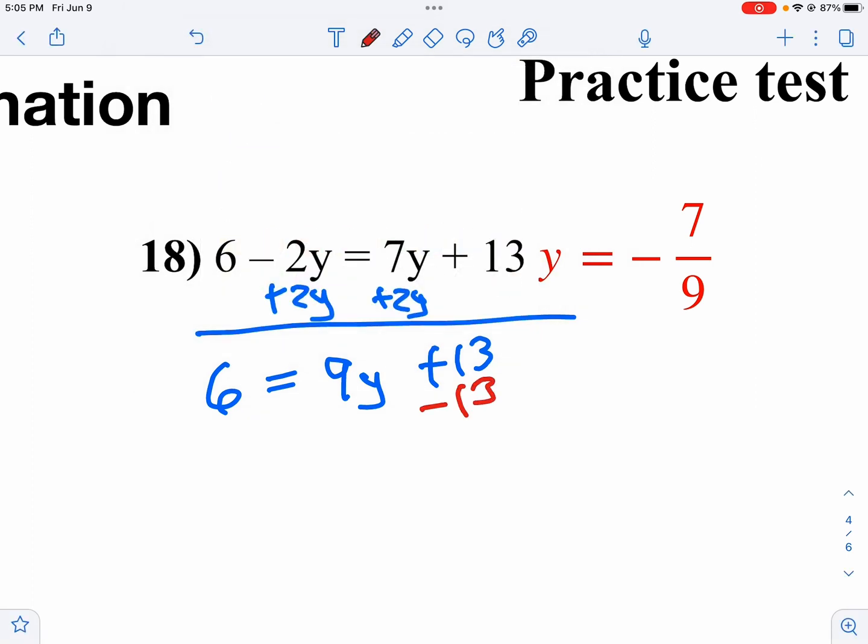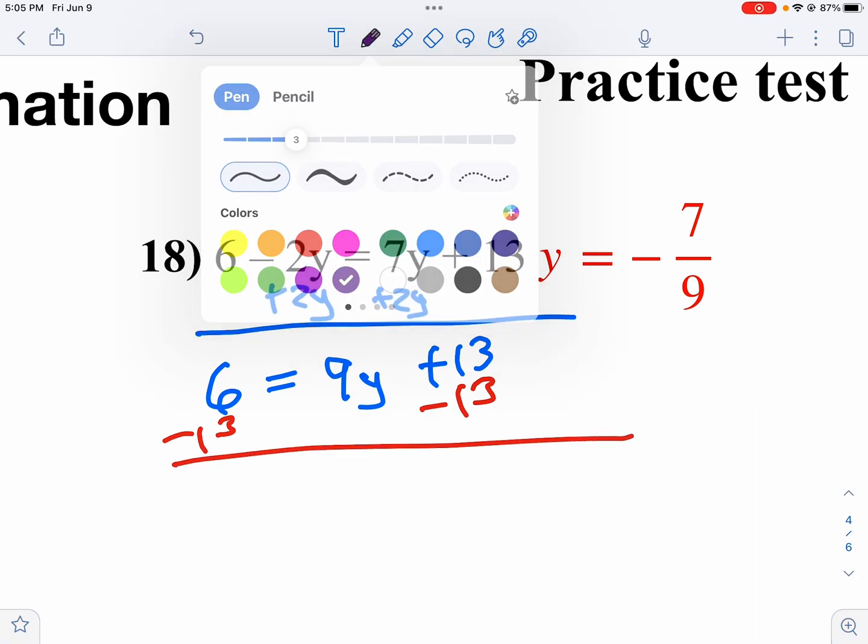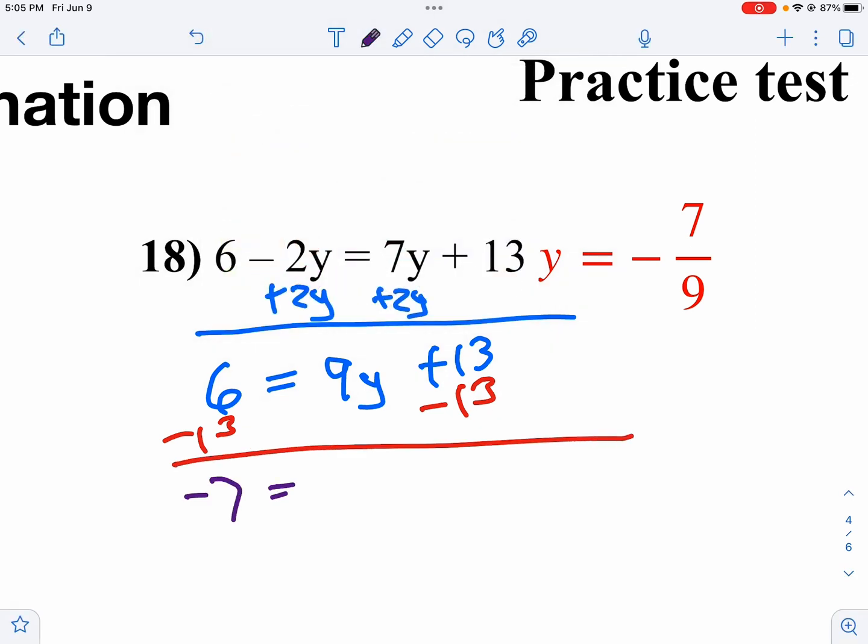Minus 13 from both sides, and you get negative 7 equals 9y. Divide both sides by 9. y equals negative 7 over 9. There's your answer. You can see why I typed it in wrong. My 9 looks like a 4, doesn't it?